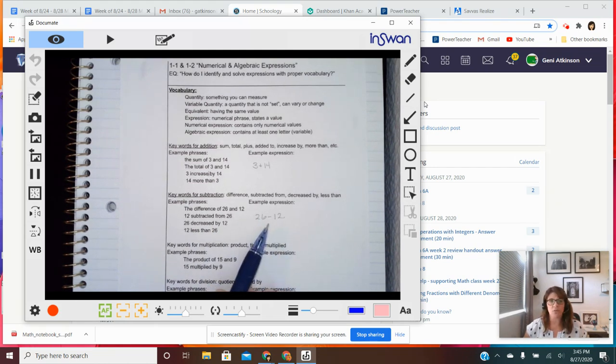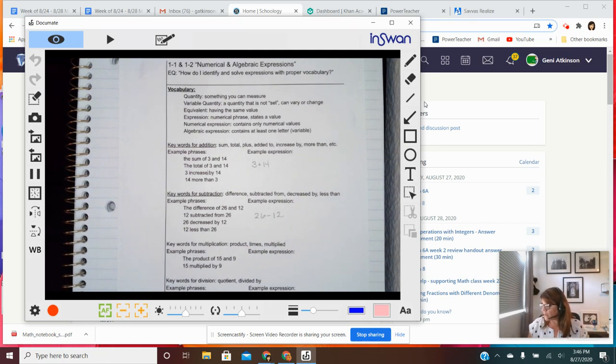Oh, that makes sense too. 26 decreased by 12. If I had $26 and I decreased that by giving my son some money, that makes sense. Okay. 12 less than 26. I had 26 and now I have 12 less than that. Again, that's where that comes from.